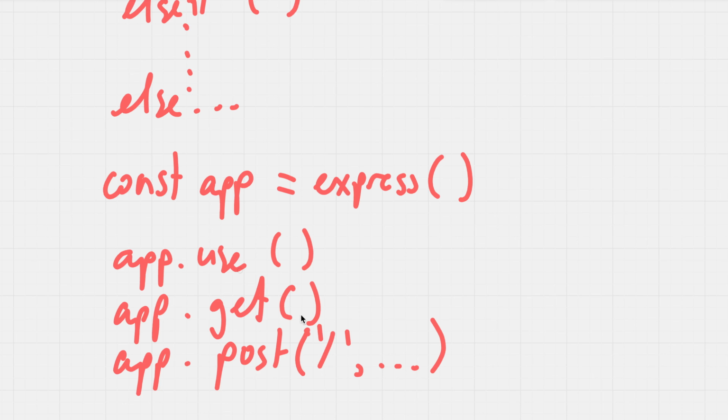And so these are the methods that we can access on the app instance, and that's why they would be called application level.